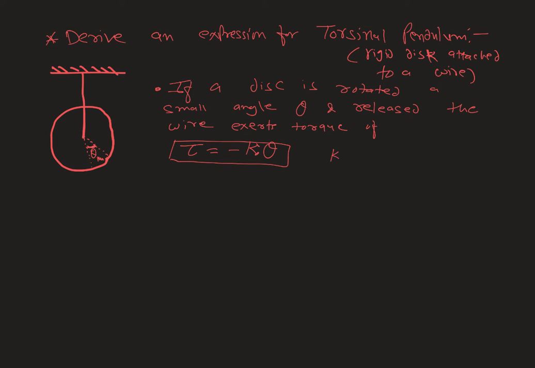So we can say your kappa is nothing but the torsion constant. And of course, it depends on the wire. It depends on the physical property of a wire.